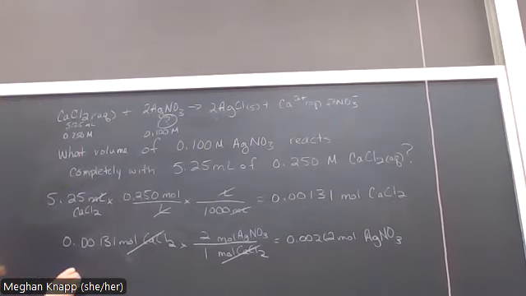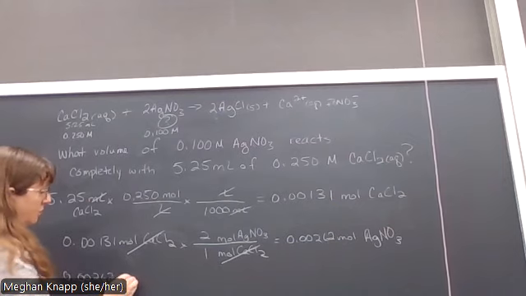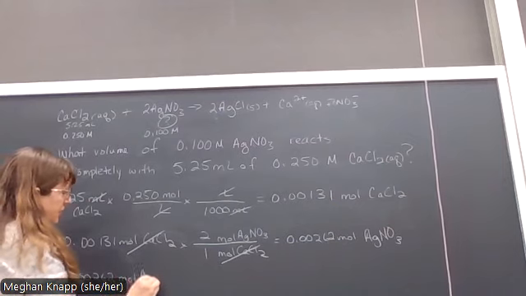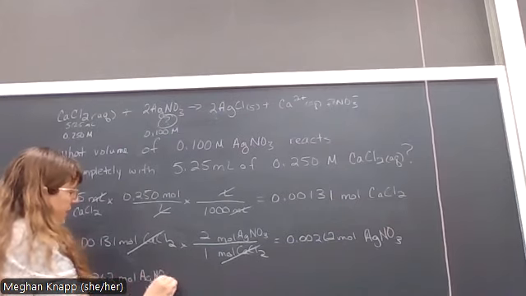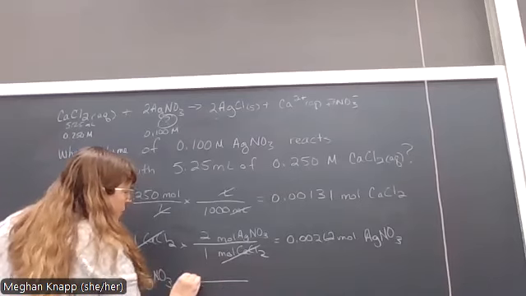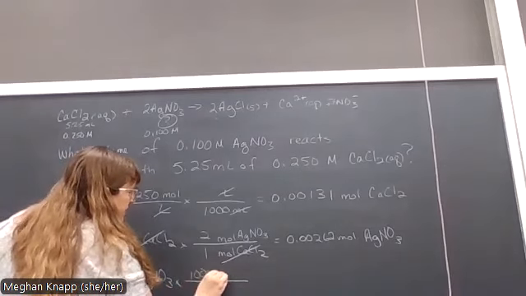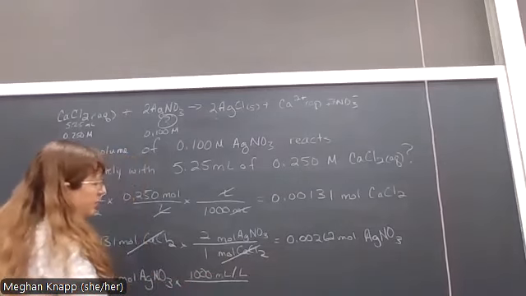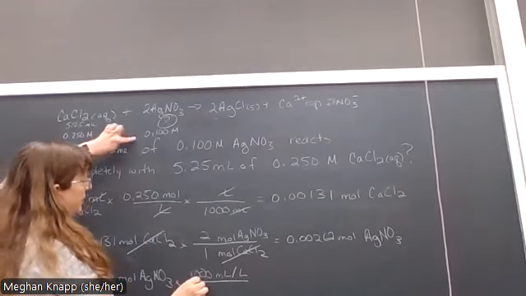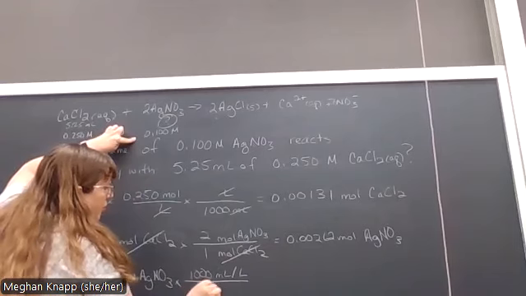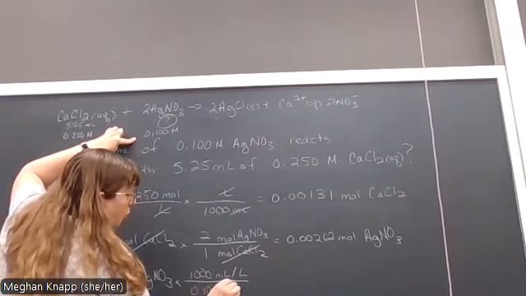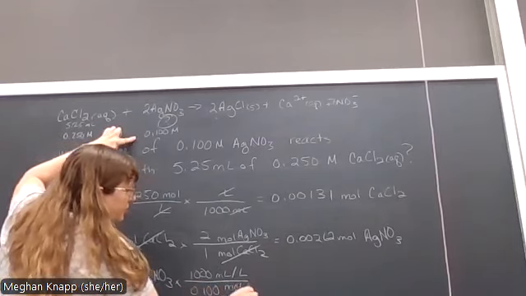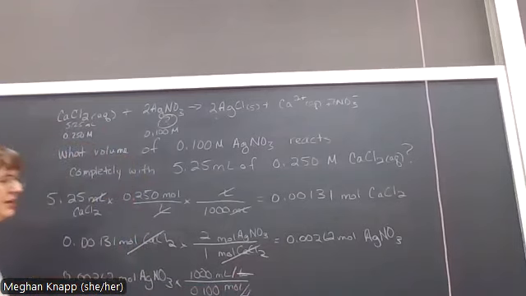So 0.00262 moles of AgNO3 times 1,000 milliliters per liter divided by the molarity, 0.100 moles per liter. So I have per liter and per liter I can cancel.